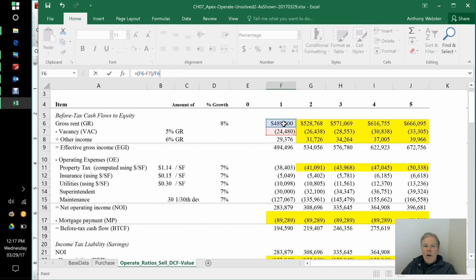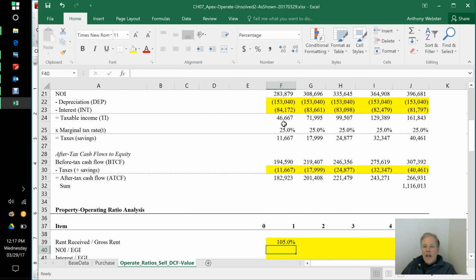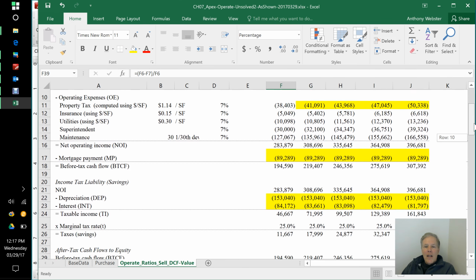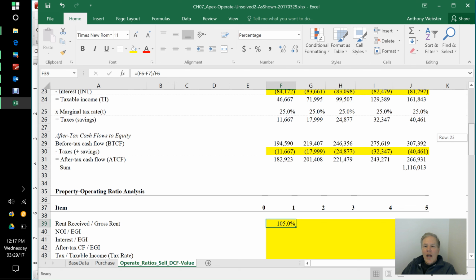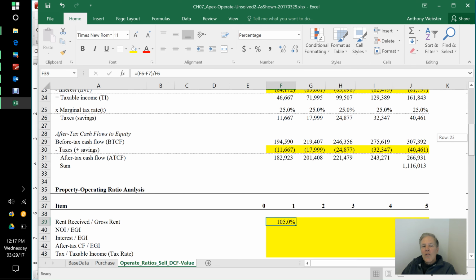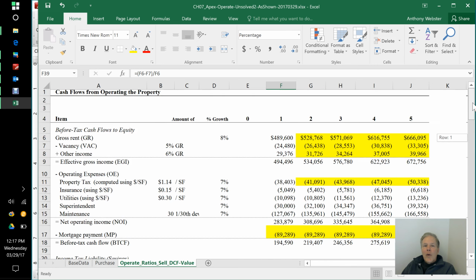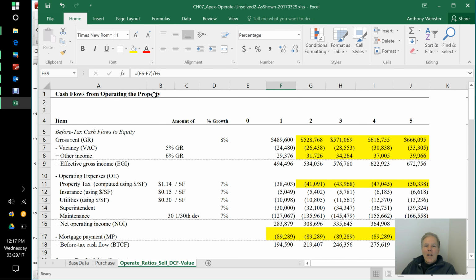I want to divide that by gross rent, so I divide that by F6. Whoops, I'm sorry, I've got the wrong thing in here. F6. Sorry about that. I know I have a mistake here because this should definitely be less than 100%. So let's go ahead and fix that.